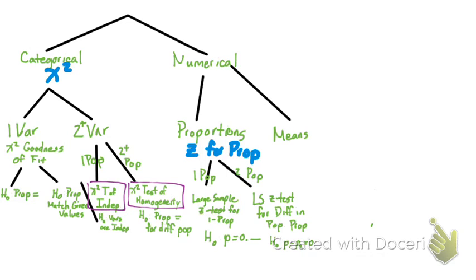Now, with this, a large sample z-test for difference in population proportions, a good example would be, let's say I'm doing the Trump question, I have yes or no, do they like Trump? But instead of just asking nationwide, I ask people in Oklahoma and people in California.